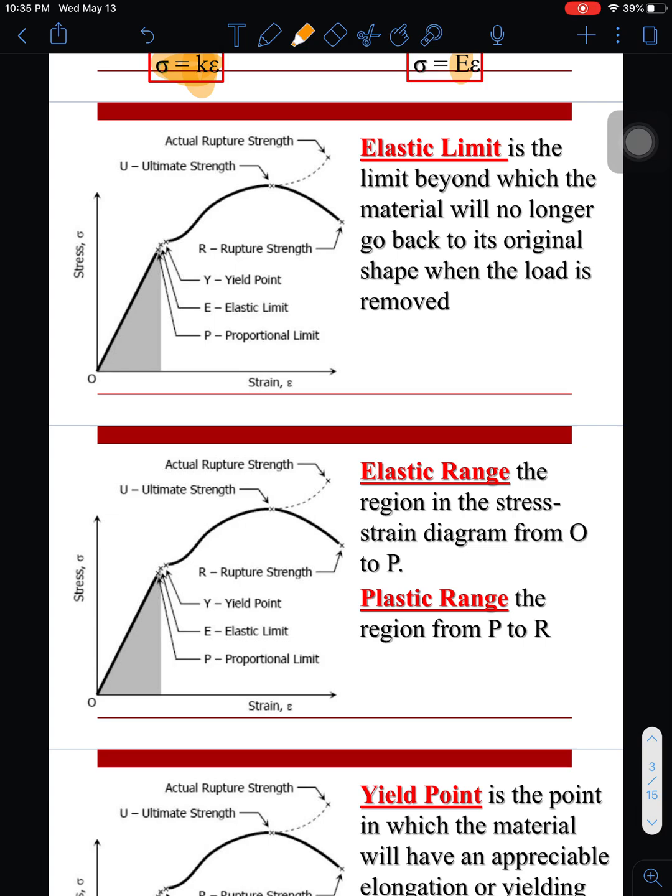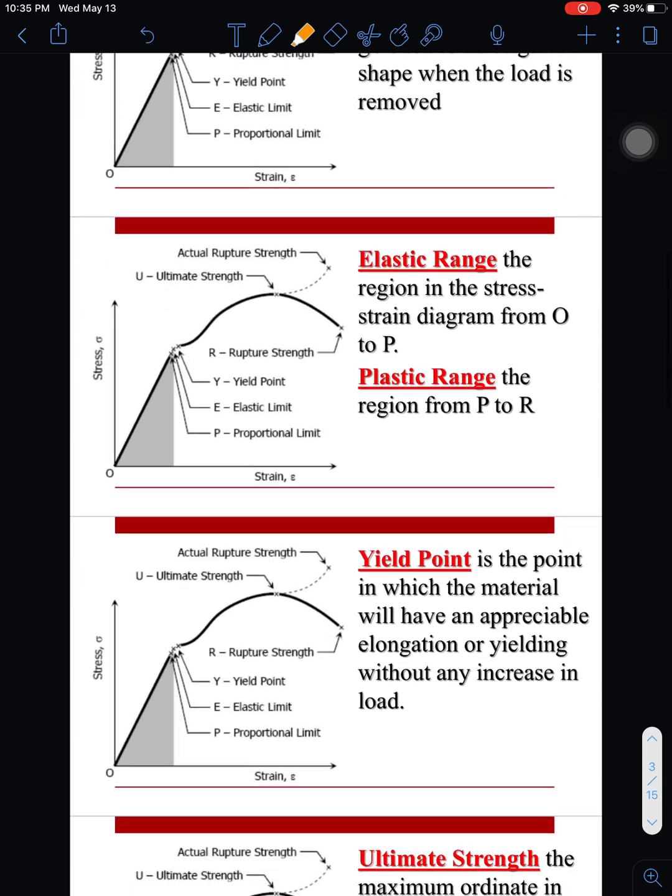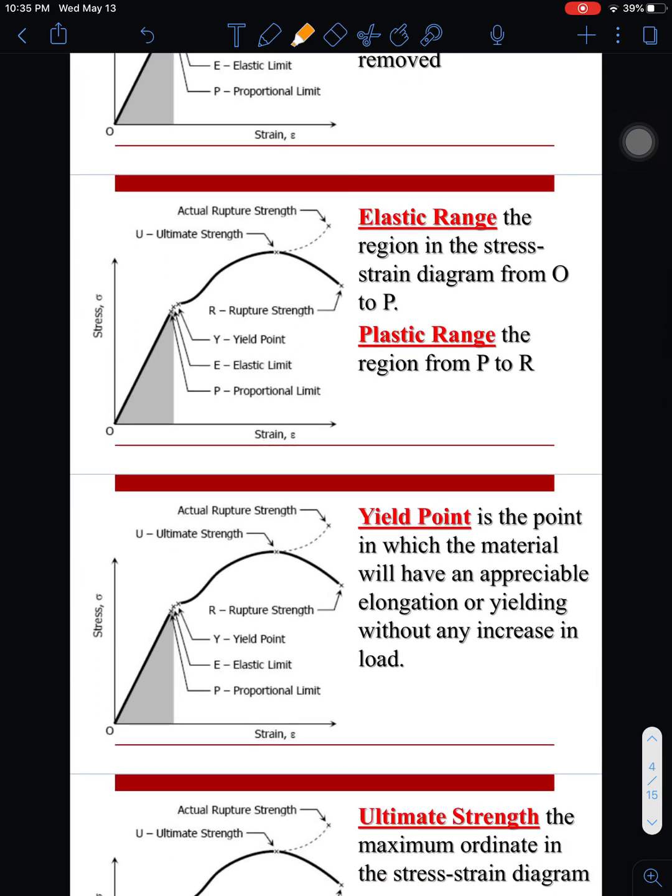There you see the physical attributes of our material whenever it is exposed to a certain amount of force. And then yield point, this is the yield point because at this point, the material gives physical changes, like blisters or cracks.